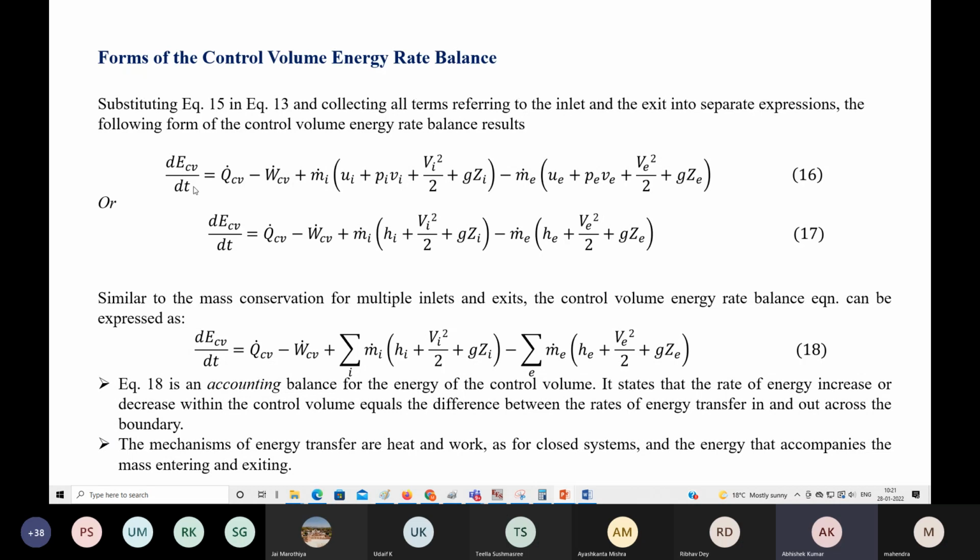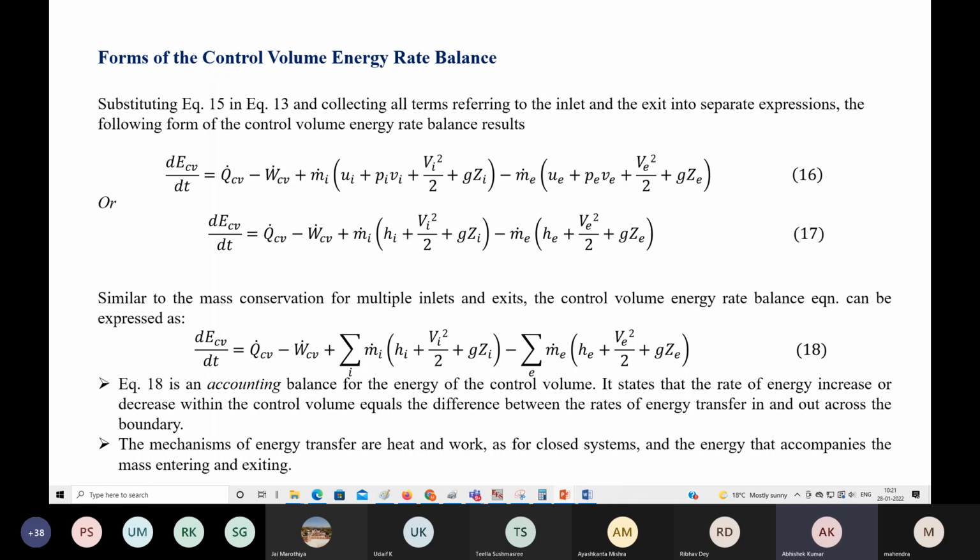Now we have included your flow work also, PV. Obviously in thermodynamics, what we have seen, pressure multiplied by volume is the area below that curve; whatever comes out, that is the work.